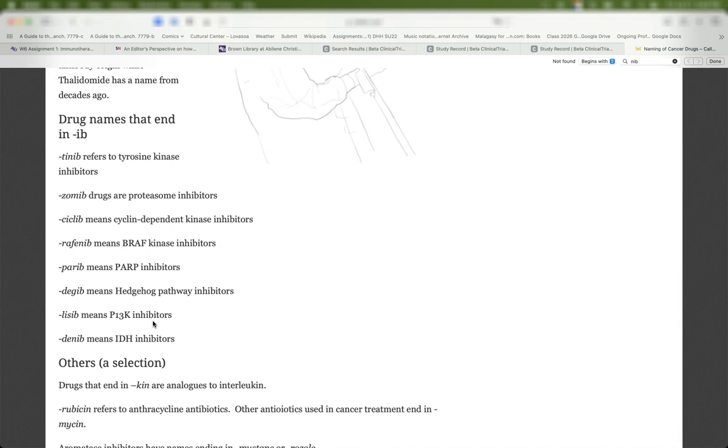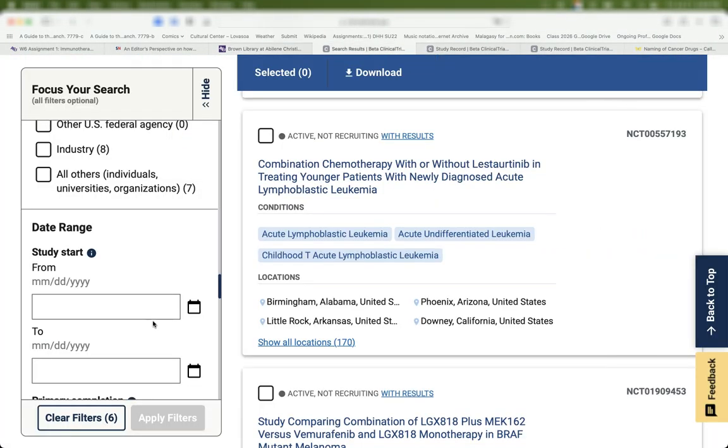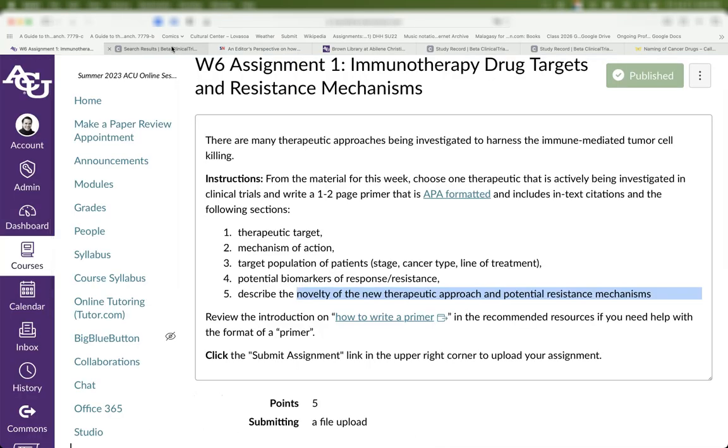Okay, yeah, TK inhibitors, they're definitely a big thing in cancer therapy. So what would we be starting to think about if this was something that you were investigating? Well, if we look back at this, we need to be following that rigid set of section headings. So we need to look at this and see, okay, the therapeutic target, we've got the tyrosine kinase, some aspect of that.